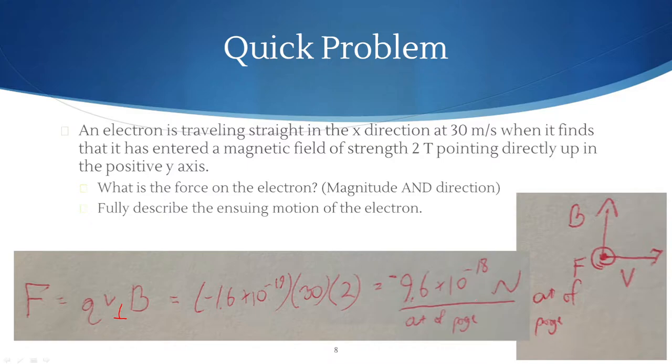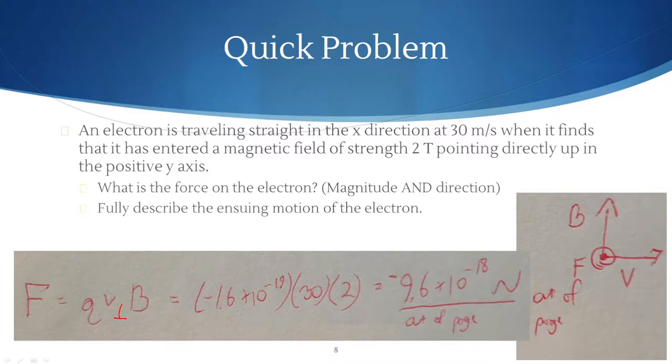Next, we would use the right-hand rules to try to determine the direction that that force will point in. And I'm realizing in retrospect I might have made another mistake here. I apologize. We'll work it out together now. Using right-hand rules to determine the direction of this force, the velocity points to the right, the magnetic field points in the positive y, and therefore, from my perspective, my thumb is pointing out of the page.